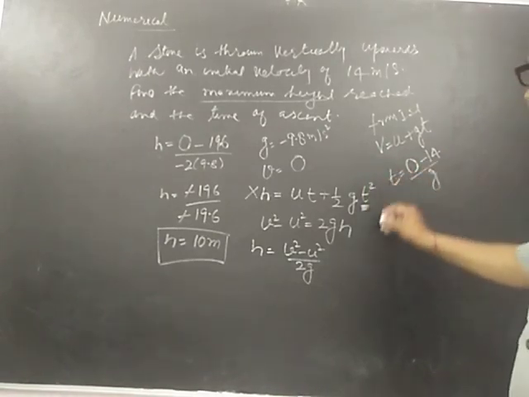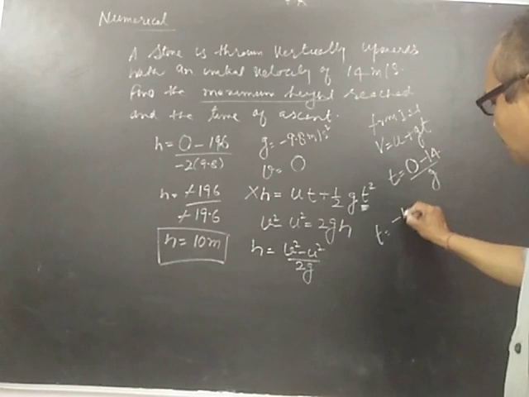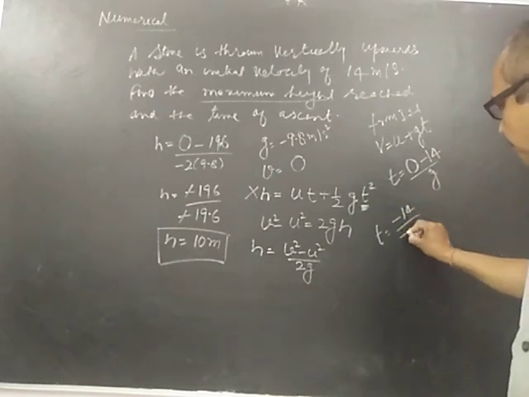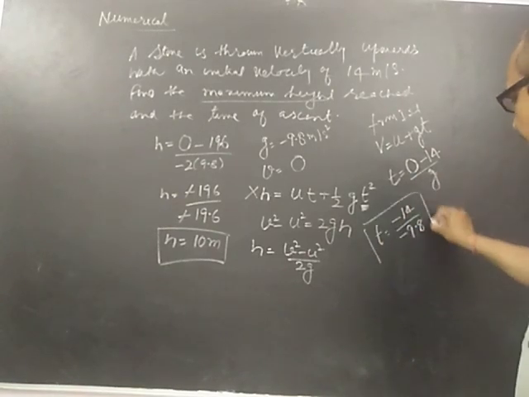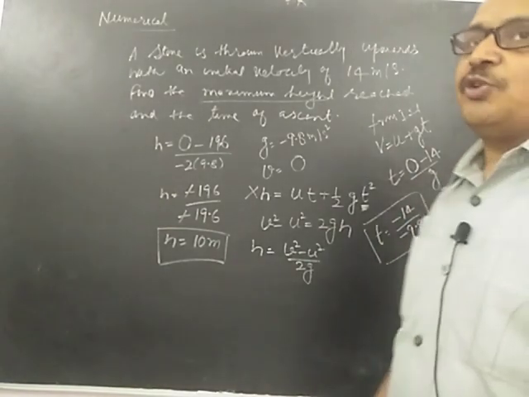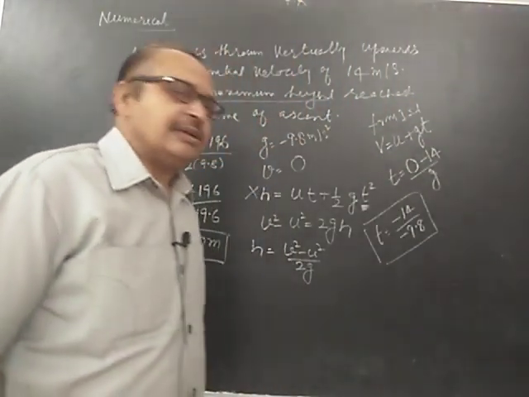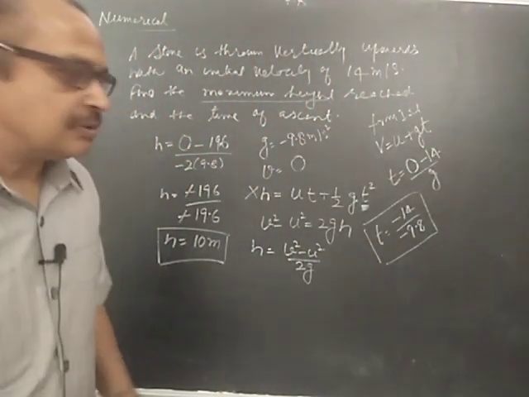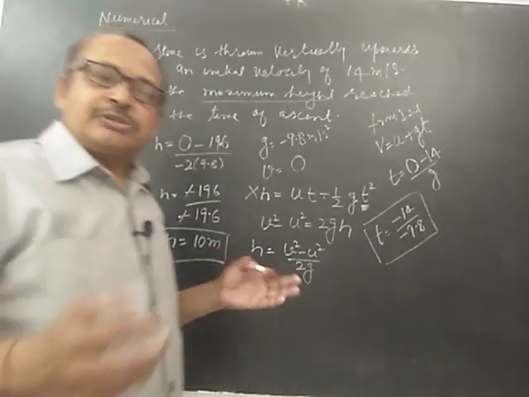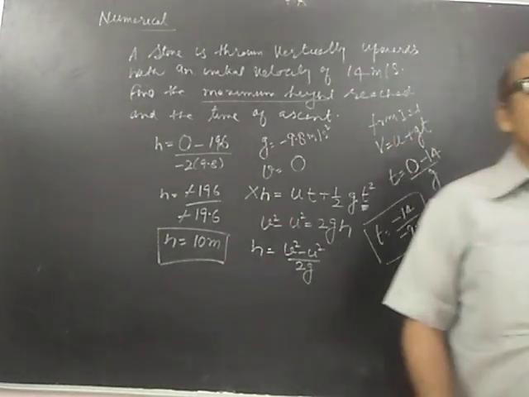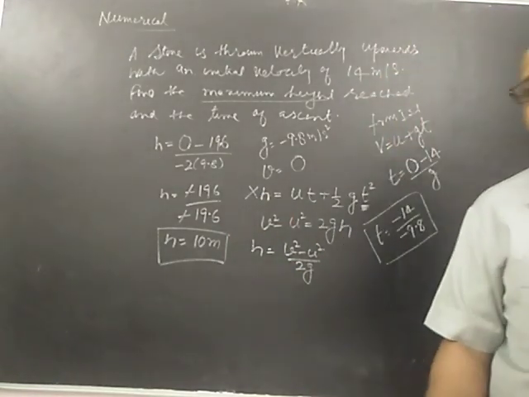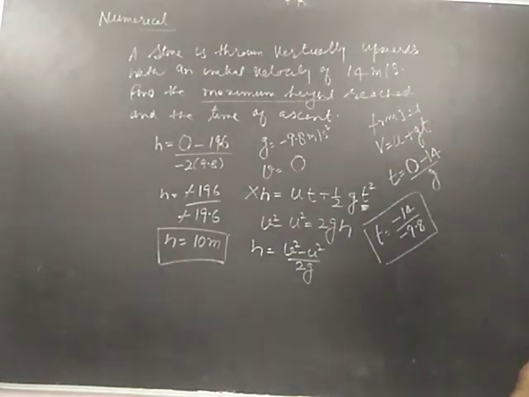But when you put the value, what will you get? So t will be equal to minus 14 divided by minus 9.8, and when you solve, you will get your answer. Is there any confusion? Any doubt? So see how easy it is to solve the numericals using the concepts, and we will develop more confidence by solving one more question. Till that time, please note it down on the paper.